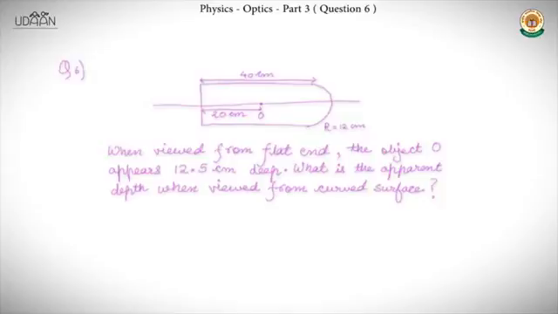When viewed from the flat end, the object O appears 12.5 centimeters deep, that is, its image from the flat end is at 12.5 centimeters. Now we have to find out the apparent depth when viewed from the curved surface.